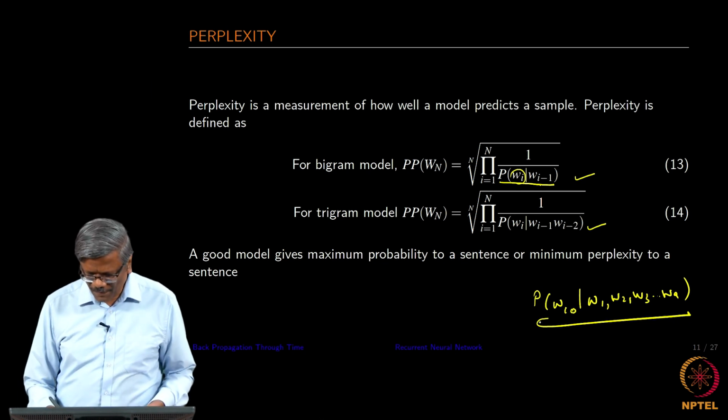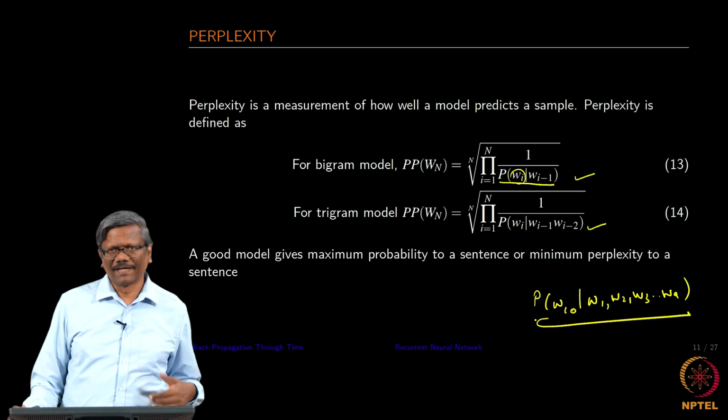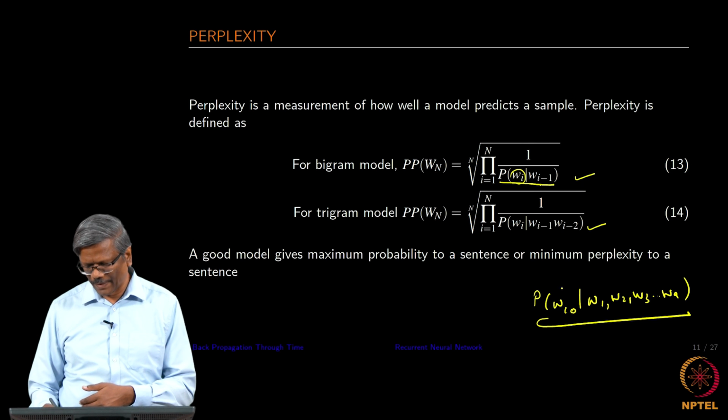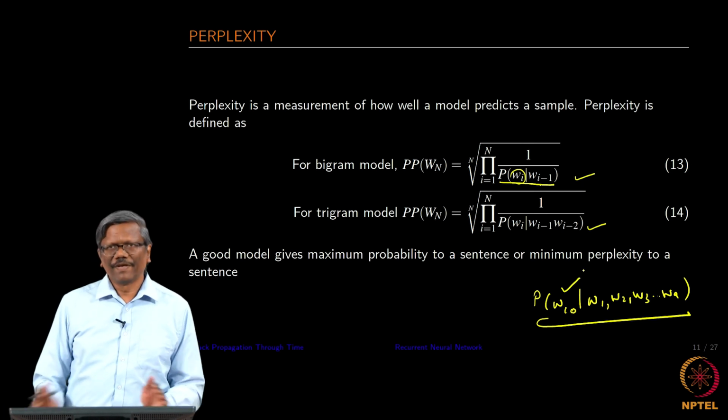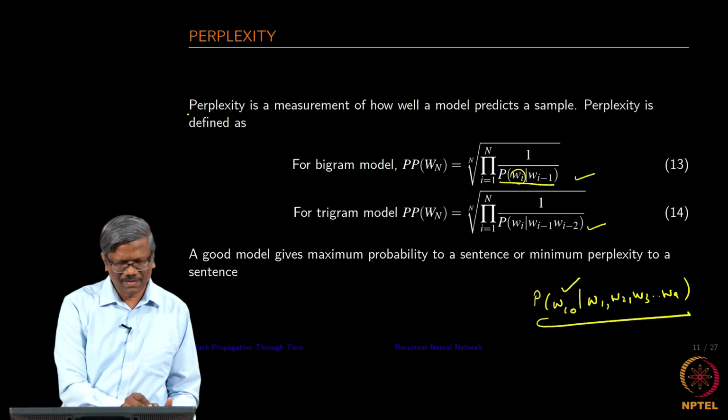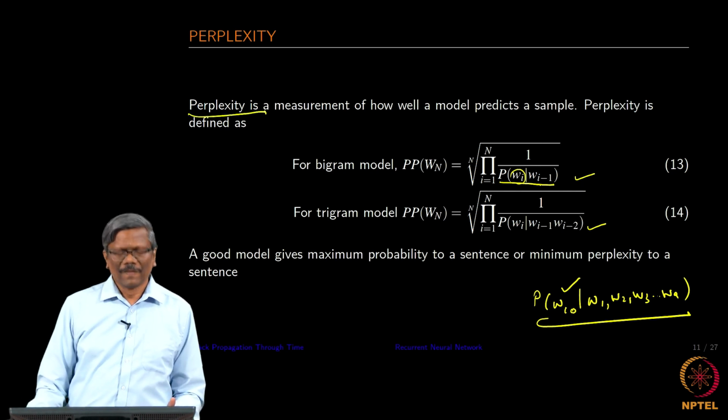So, in order for you to compute this and then identify that the machine has a lot of confidence in terms of predicting the right value, we need some kind of mechanism to measure that, right. And that is what we use here. So, it is very similar.